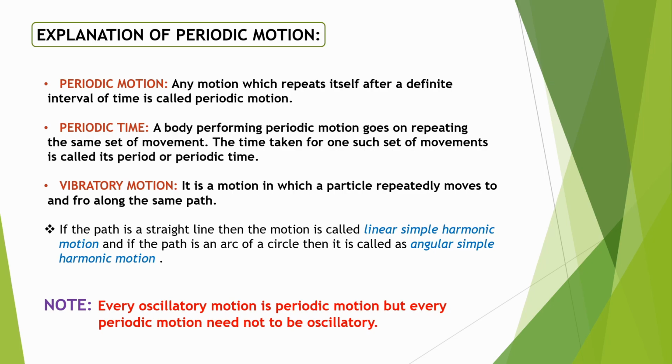During oscillatory or vibratory motion, if the path is a straight line, then the motion is called linear simple harmonic motion, and if the path is an arc of a circle, then it is called angular simple harmonic motion.